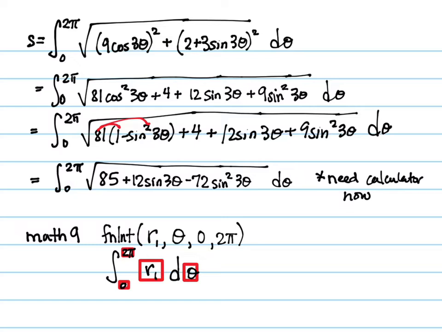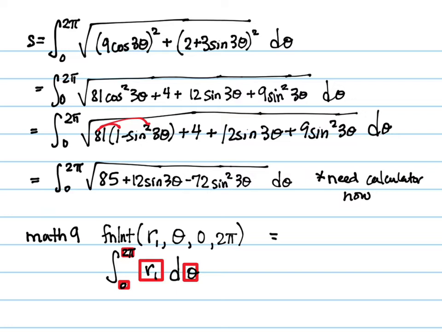And then I'm going to hit, like I said, Math 9. I'm going to hit Vars, Y-Vars. I'm in polar, and then I do R1, comma, theta, comma, 0, comma, 2 pi. Or you put those in the corresponding places that we just talked about. And when we press enter, it will do its calculation.